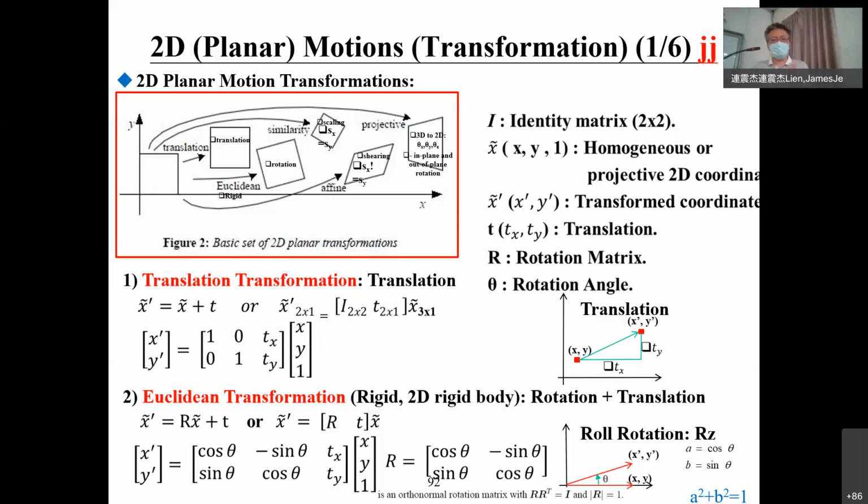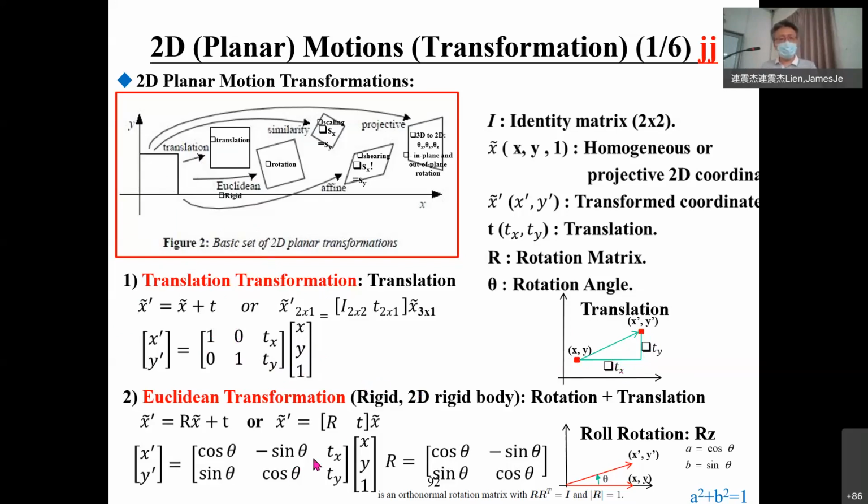If 3D, it is tx, ty, tz. This is the identity, without rotation, only translation from here to here.